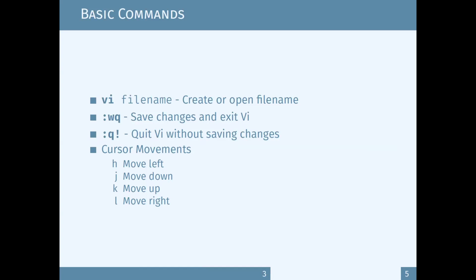If you want to save it, always remember you need to go back to the command mode and then type colon WQ, which means you save the changes and quit from VI. If you want to quit without saving, you can type Q and exclamation mark. If you want to move with the keyboard, you can use HJKL.